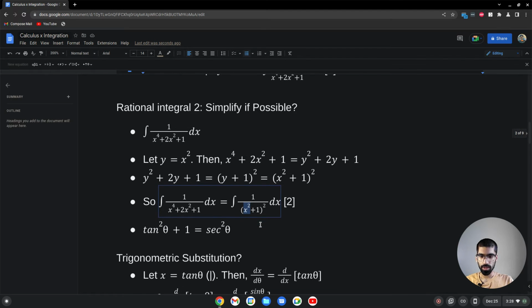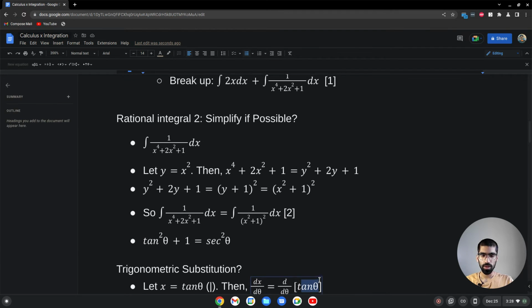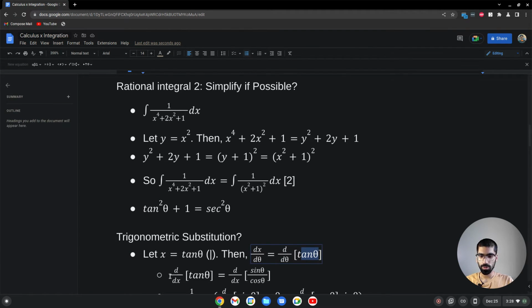We're just going to take the derivative because we're going to need it soon. So we just take the derivative with respect to theta on both sides. Oops, this should say with respect to theta. So on the left we took the derivative of x with respect to theta, on the right we took the derivative of tan theta with respect to theta. If you don't know what that is, well, we just use what we just used.